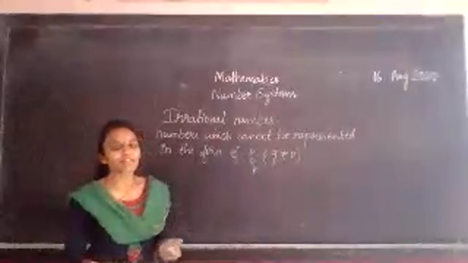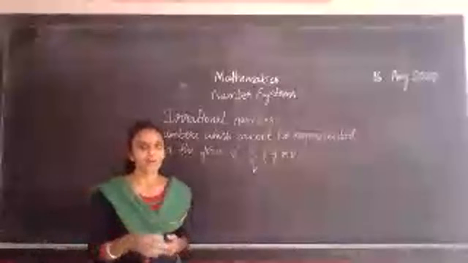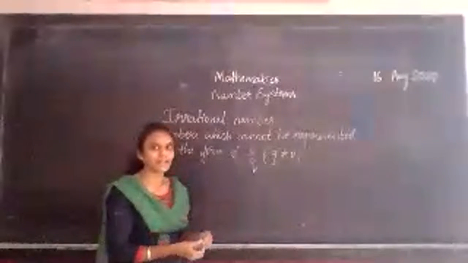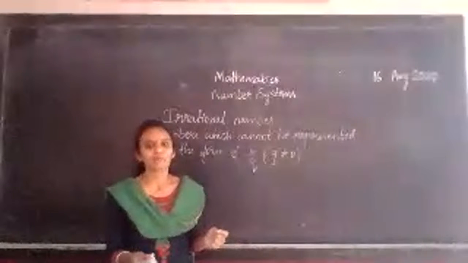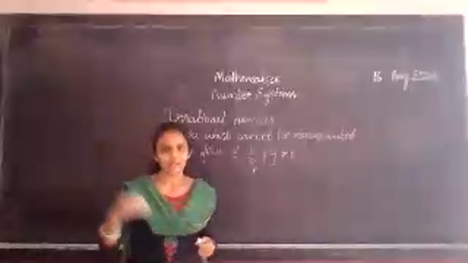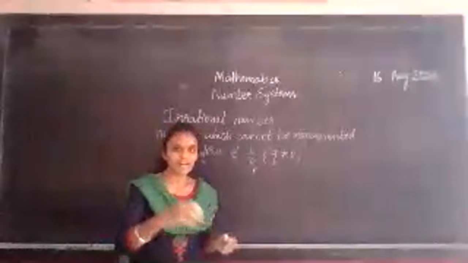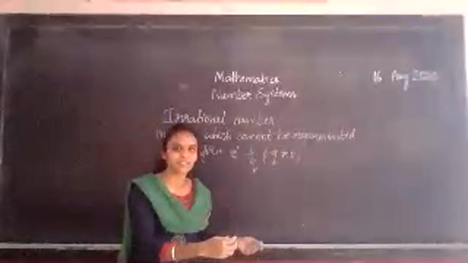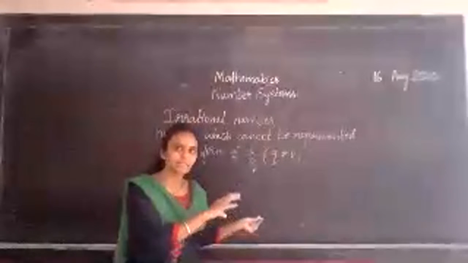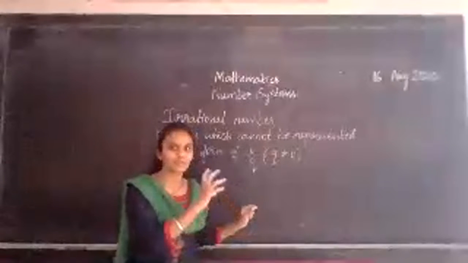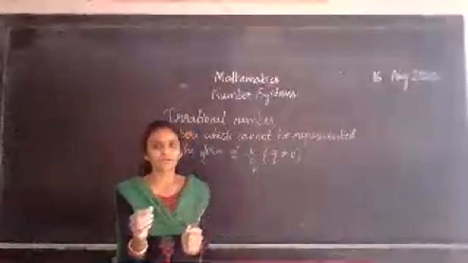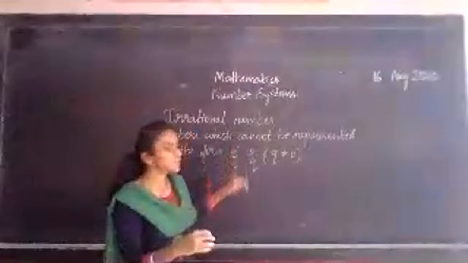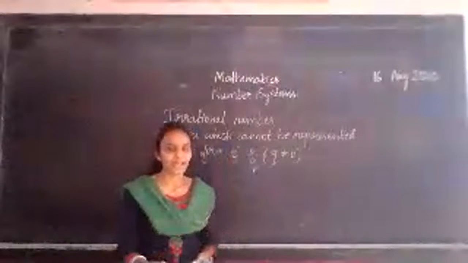While talking about the number line in the last class, I told you to pick up all the rational numbers, and there will be some more numbers left out. We picked up the natural numbers first, and then we picked up 0 and added it to the natural numbers, so it became the whole number set. Then we picked up negative integers, so that when you added them to the whole numbers, it became integers. And then we picked up the numbers which can be written in the form of P by Q, so the set became the rational numbers.